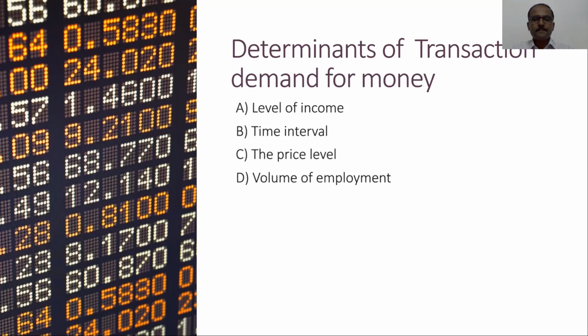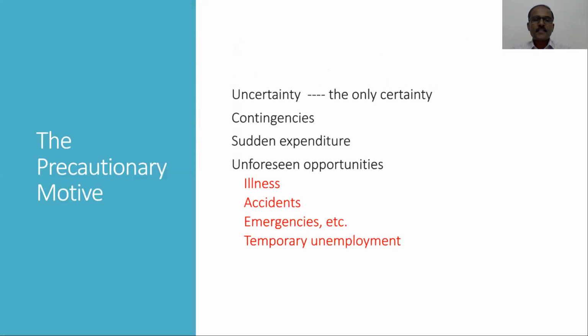Moving forward, we need to understand the second very important motive behind the demand for money, and that is the precautionary motive. Friends, life is full of uncertainties. God knows what is going to happen tomorrow. We are always living in an era of uncertainty. Philosophers say that uncertainty is the only certainty.